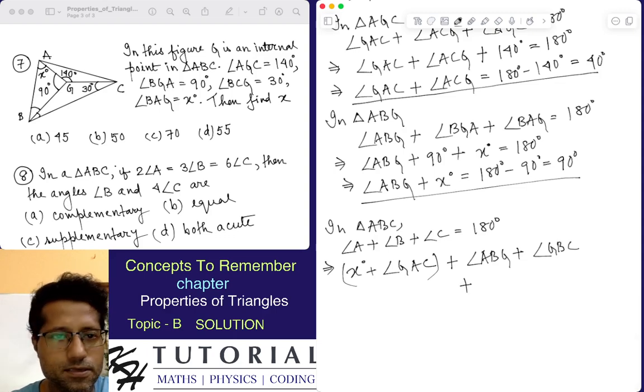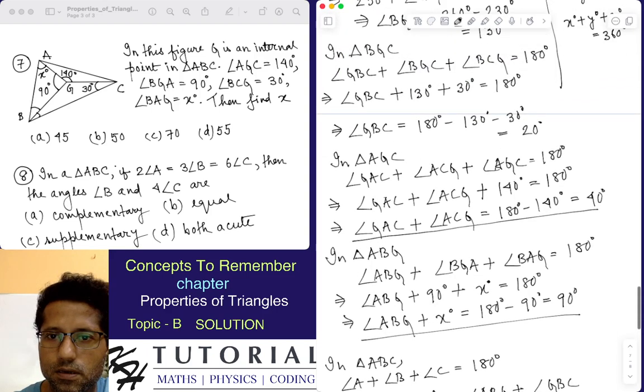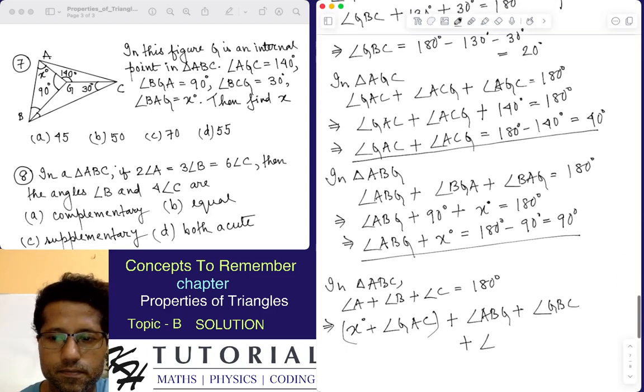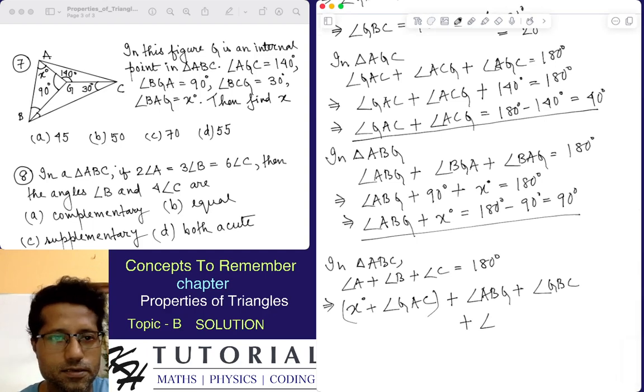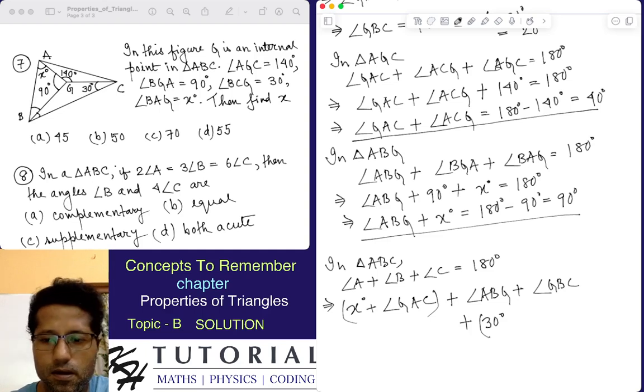And what is angle C? Angle C is angle BCG, which is 30 degree. We can say 30 degree plus angle GCA.